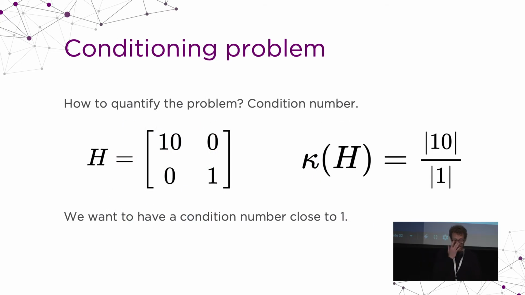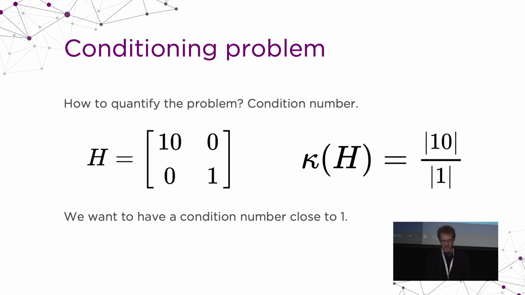And how can we quantify the problem? This is related to a quantity called the condition number. The condition number is the ratio of the absolute value of the largest eigenvalue divided by the smallest eigenvalue. Here I will not review what an eigenvalue is. An eigenvalue is related to the axes of the ellipse.